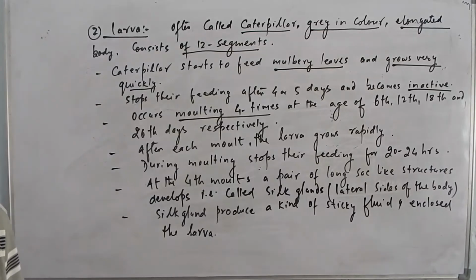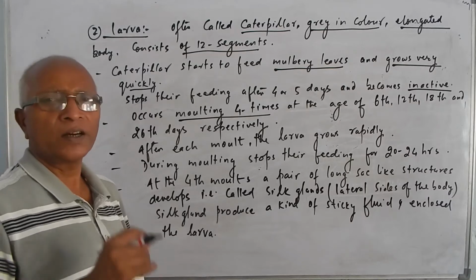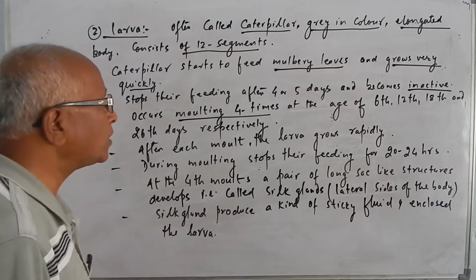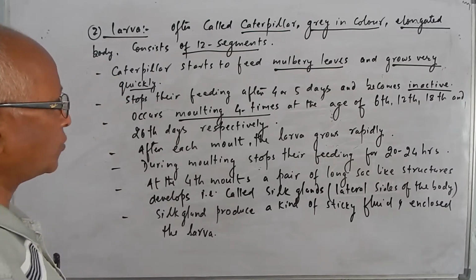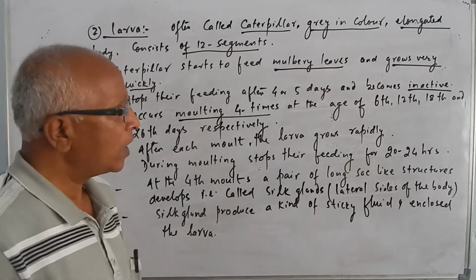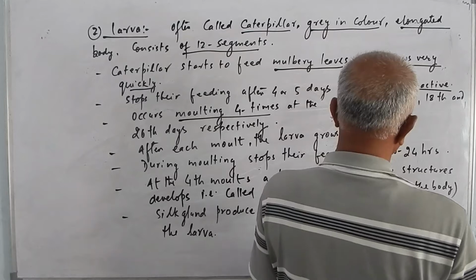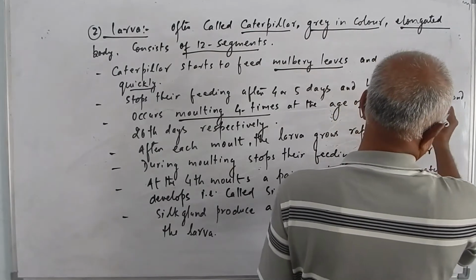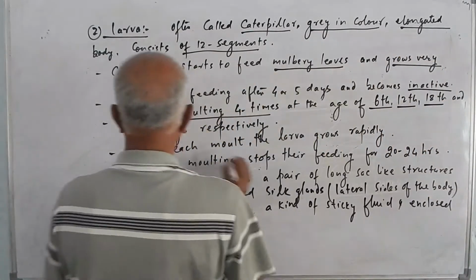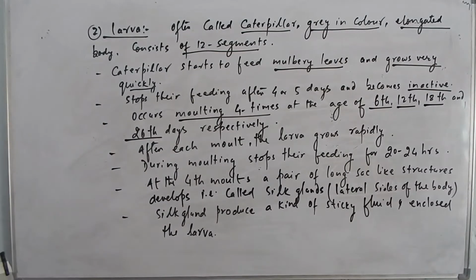The silkworm molts 4 times. Molting means periodically shedding their body and gradually developing. In general, the first molting is on the 6th day, the second on the 12th, the third on the 18th, and the 4th molting is on the 26th day.